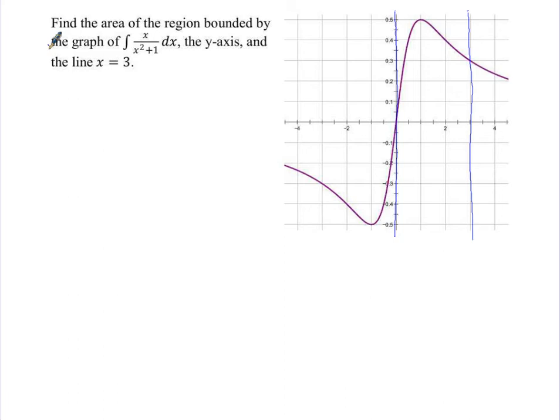They're not saying the x-axis as well, but when we're finding area, we're kind of implying that we're also including the x-axis. So this is the piece that we're trying to find the area of.